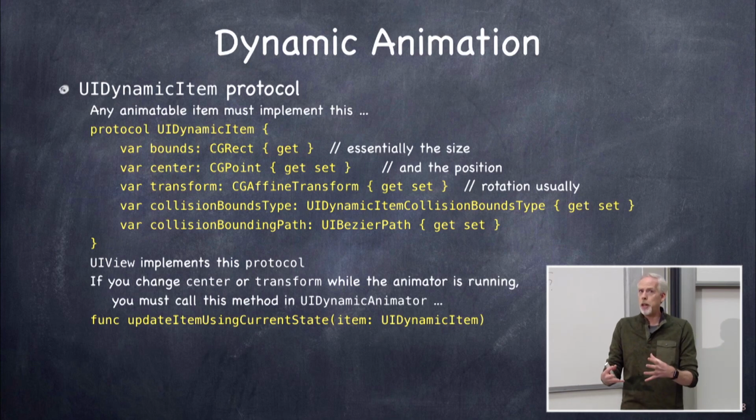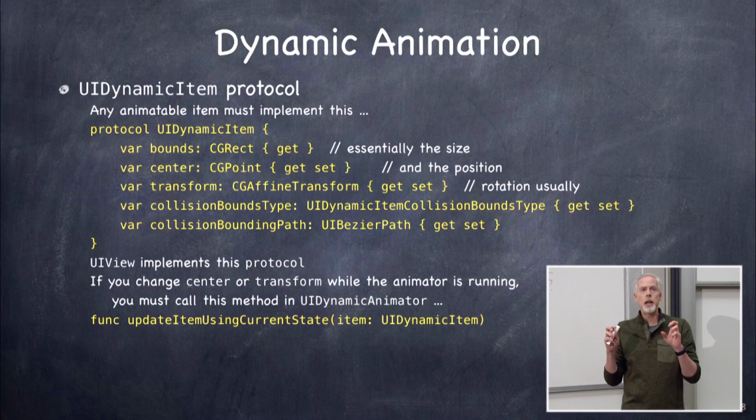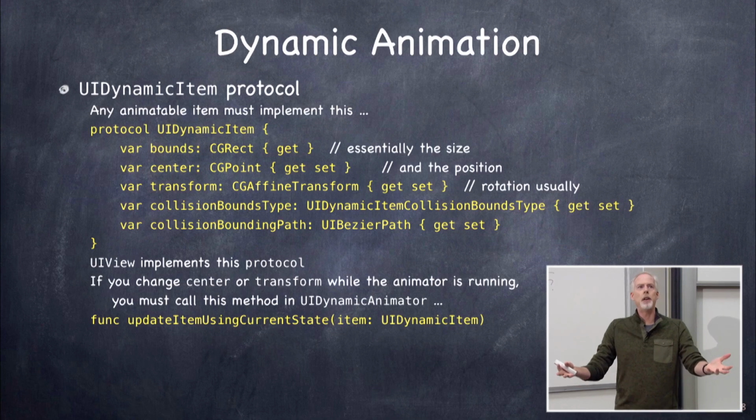So if you wanted to change the center or transform of a view you already gave to a behavior, then you have to call this method in your dynamic animator, which is update item using current state. In other words, I changed the center or the transform, please, Mr. Animator, take that. And so the animator would take that state, move the object, change its transform, and then start behaving on it again.